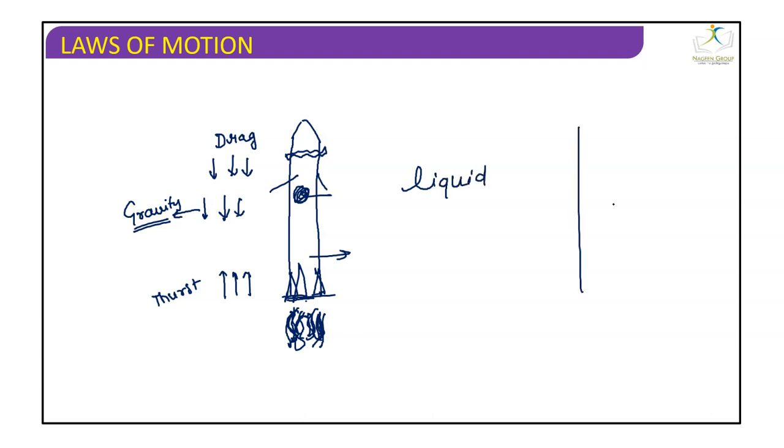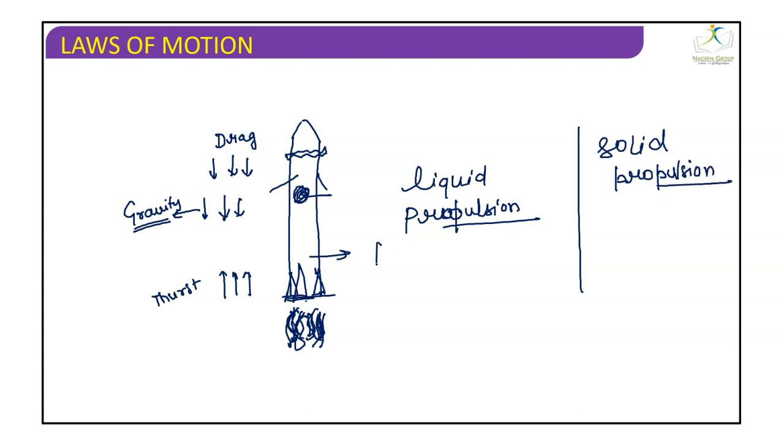I'll just put all these things, liquid and solid propulsion. In the liquid, the fuel is in the form of liquid. In solid, fuel is in the form of solid.